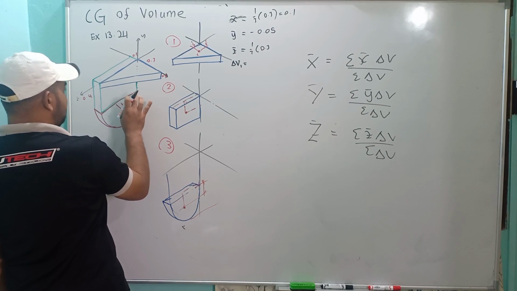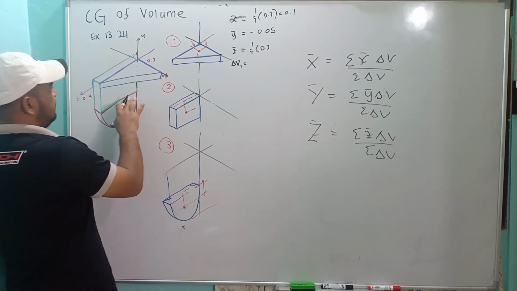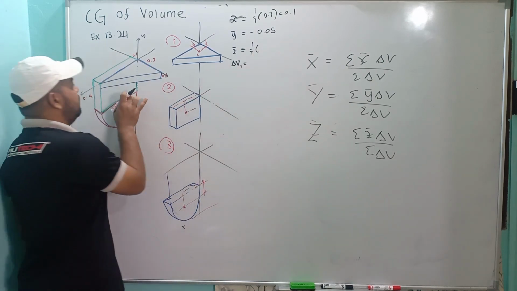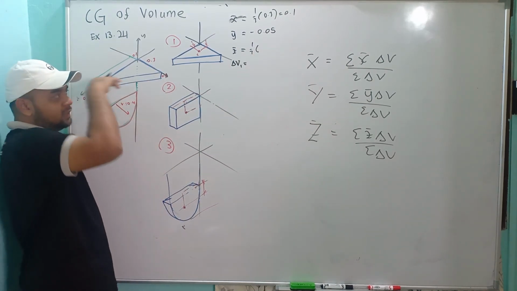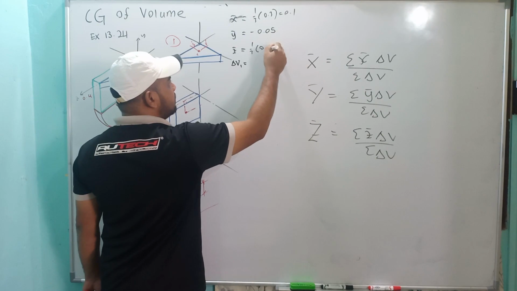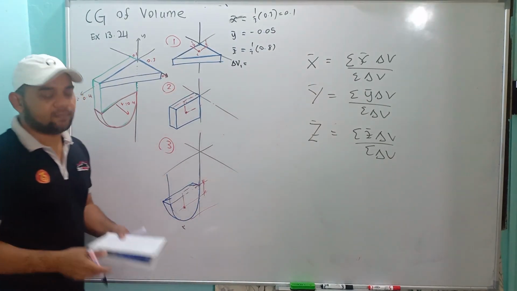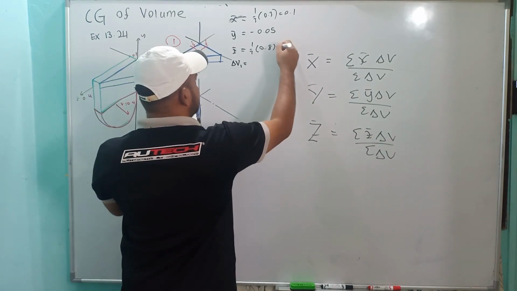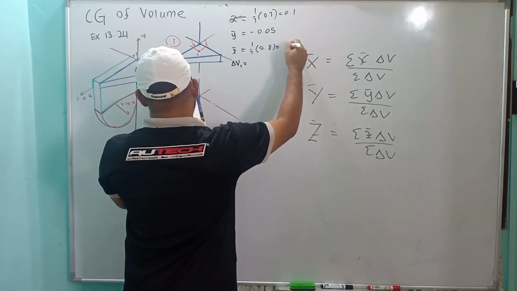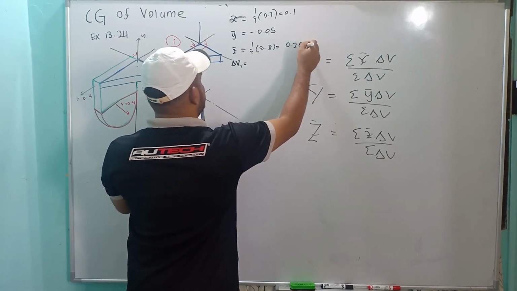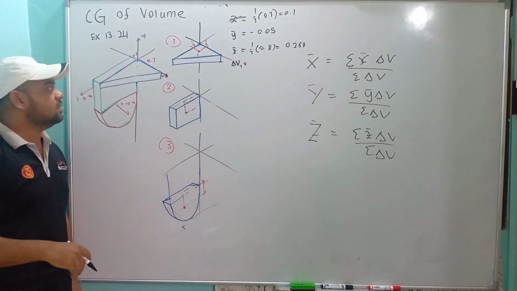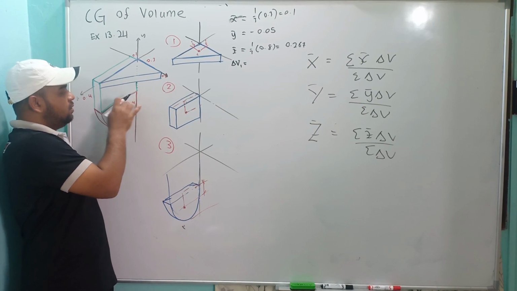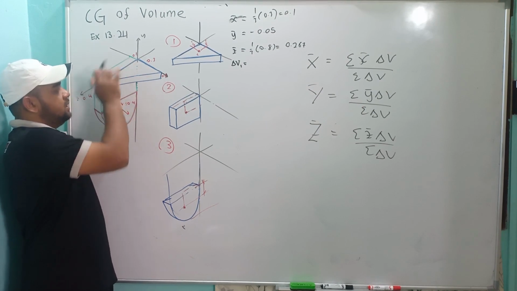The radius is 0.4, so 0.4 and 0.4 become 0.8. So it is 1/3 of 0.8, equal to 0.267. This is 0.4 times 2, so this length is 0.8.